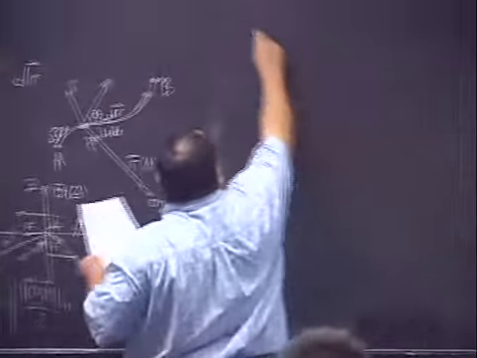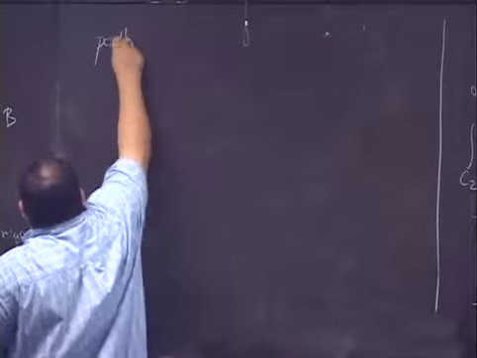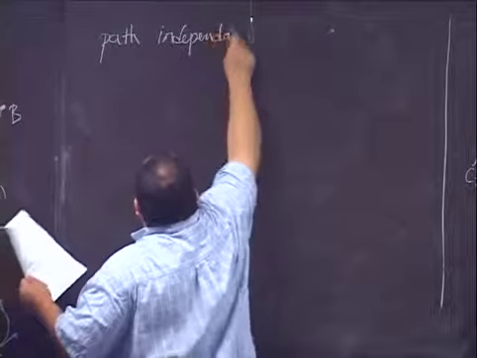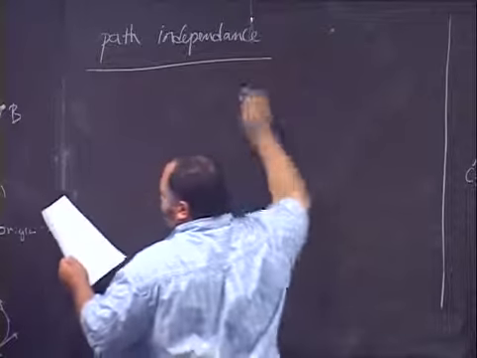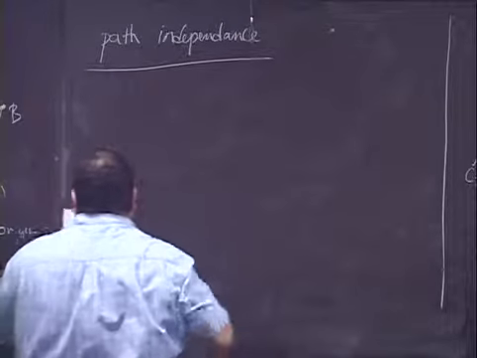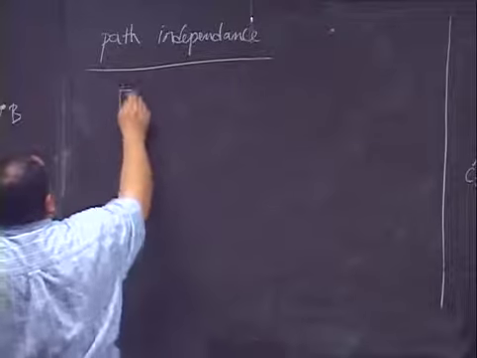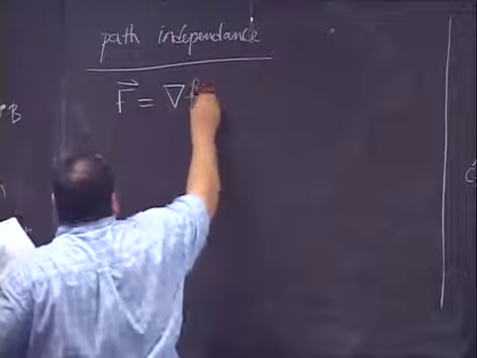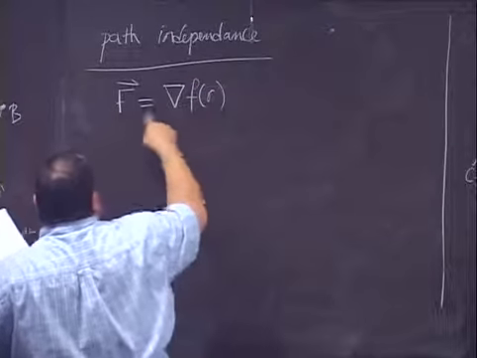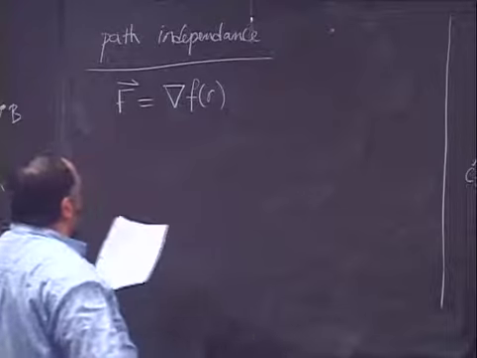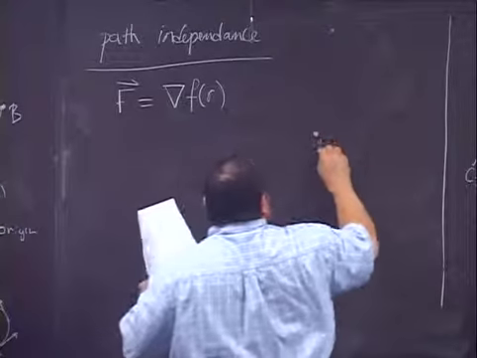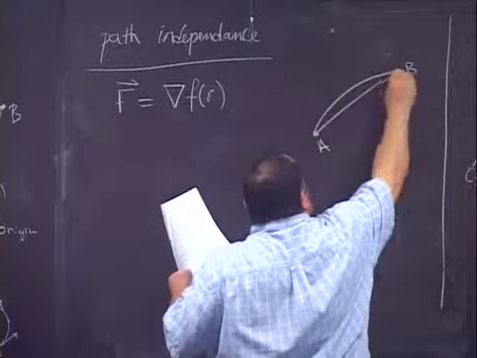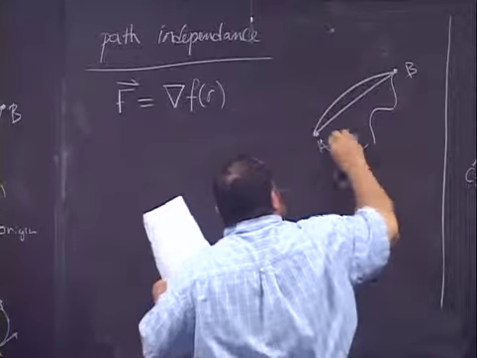So the path integral will be independent of the path only if the function f can be represented as a gradient of a scalar function f of r. This is a vector function, this is a scalar function. So if we take 2 points here, A and B, and we have a path like this, another path like this, another path like this.